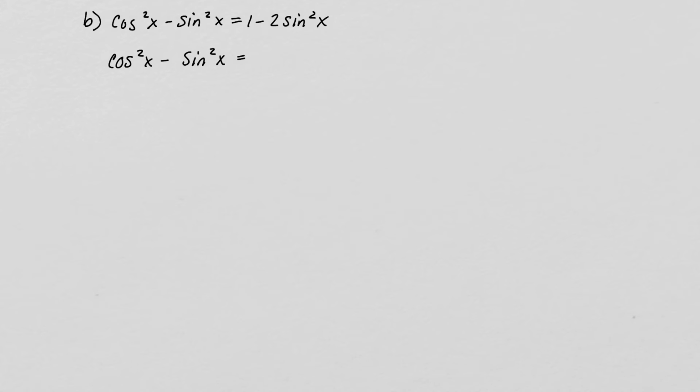Remember, sine squared x plus cosine squared x equals 1, which means that the cosine squared of x is equal to 1 minus the sine squared of x. So that's what I'm going to replace. We replace cosine squared x with 1 minus sine squared x, minus another sine squared x.